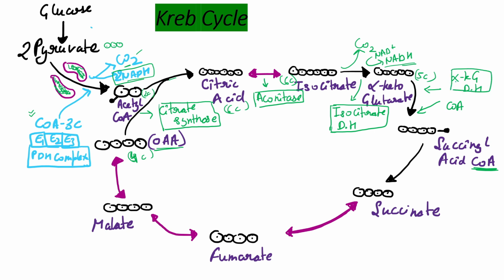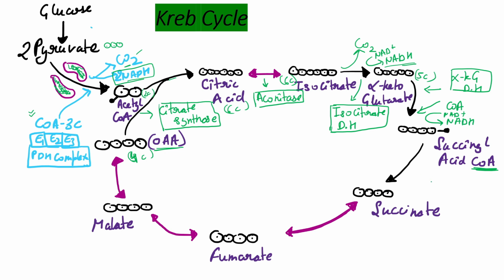Again you can see the term dehydrogenase, which would mean that in this step also NAD positive is converted into NADH, right? Now after this step we got succinyl coenzyme A.